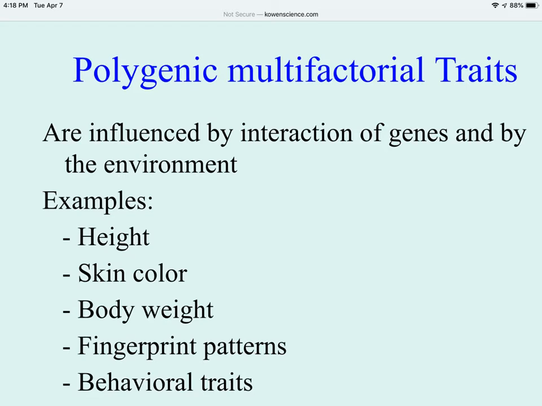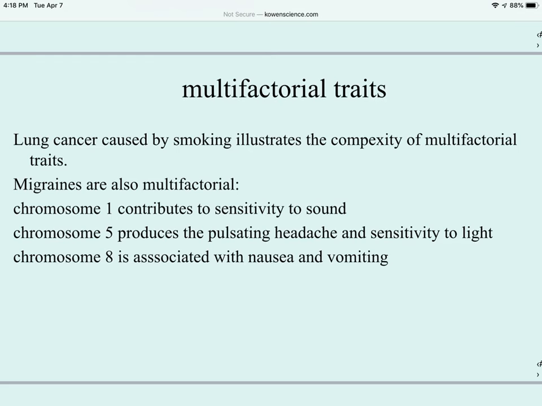So polygenic multifactorial traits are influenced by the interaction of genes and by the environment. Height, skin color, body weight, fingerprints, and behavior are all examples of these polygenic multifactorial traits. So let's go through an example of how this works. Lung cancer is caused by smoking, but lung cancer can also be caused by multifactorial traits that one inherits.